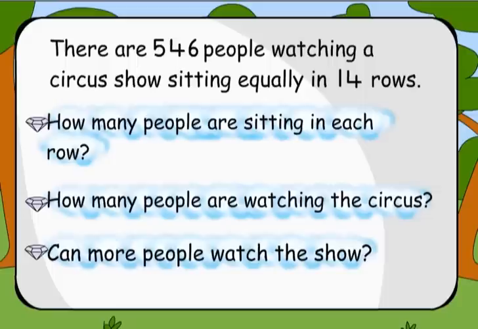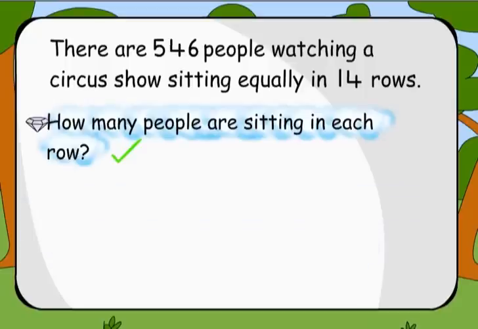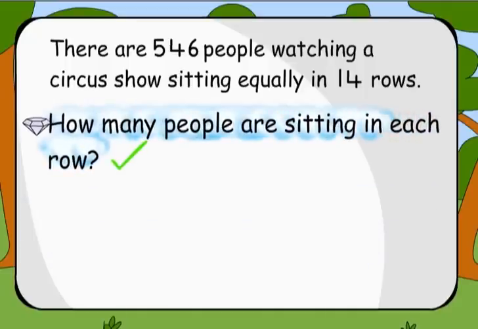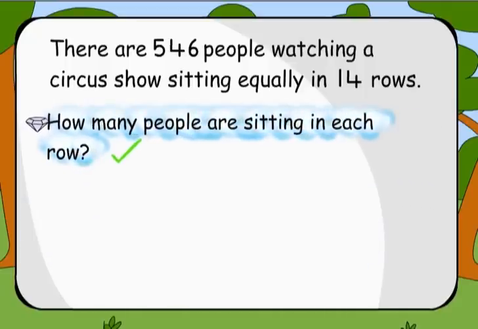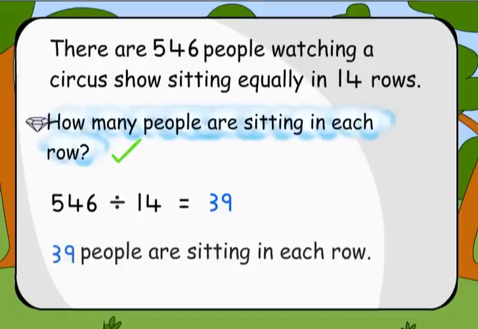Or can more people watch the show? How many people are sitting in each row? 546 divided by 14 is equal to 39. 39 people are sitting in each row.